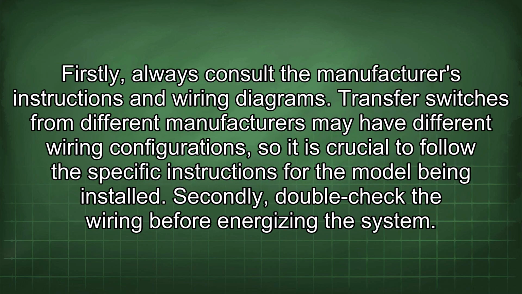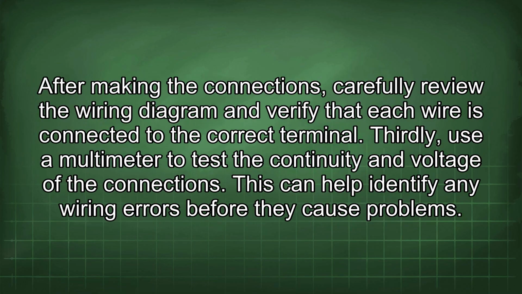To prevent such errors, several precautions should be taken. Firstly, always consult the manufacturer's instructions and wiring diagrams. Transfer switches from different manufacturers may have different wiring configurations, so it is crucial to follow the specific instructions for the model being installed. Secondly, double-check the wiring before energizing the system. After making the connections, carefully review the wiring diagram and verify that each wire is connected to the correct terminal.